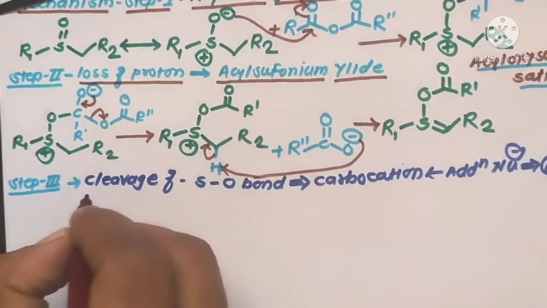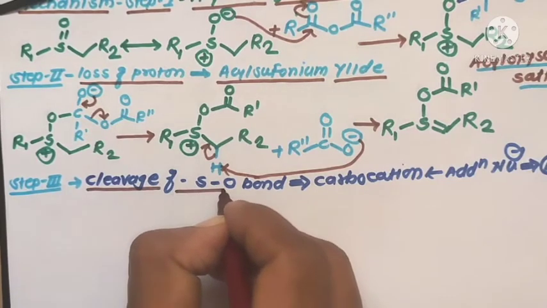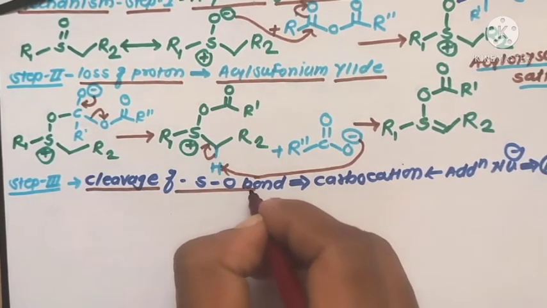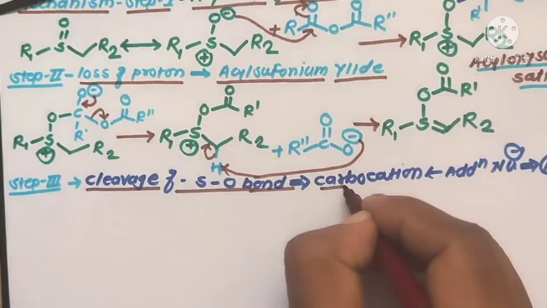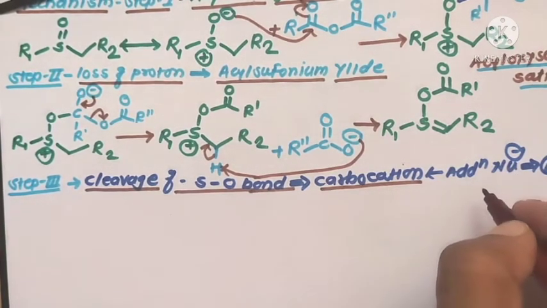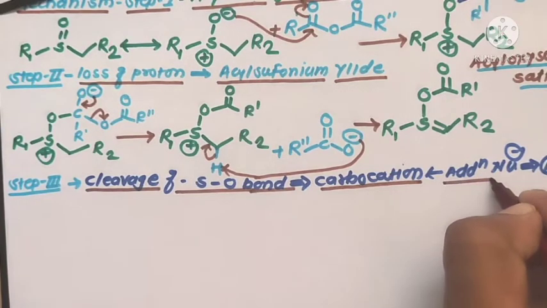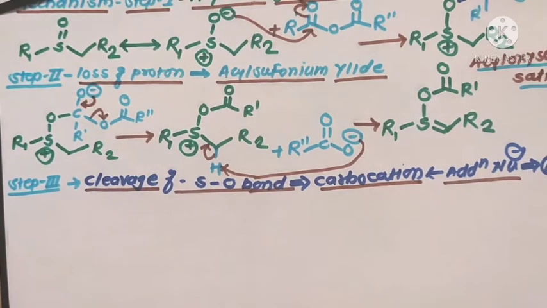Step third. In the third step, there is cleavage of the sulfur-oxygen bond to form a carbocation. Then the carbocation reacts in the presence of a nucleophile, that is nucleophilic addition takes place, to form the final product of this reaction.